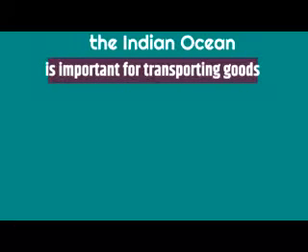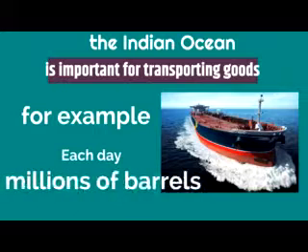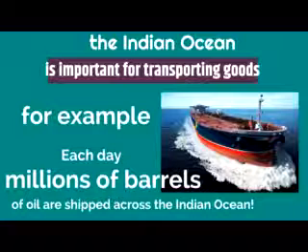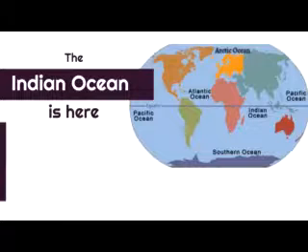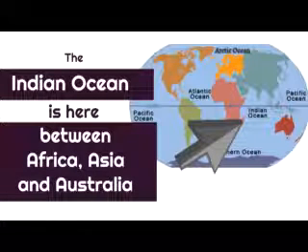For example, each day, millions of barrels of oil are shipped across the Indian Ocean in big oil tankers, just like the one in this picture. The Indian Ocean is here between Africa, Asia, and Australia.